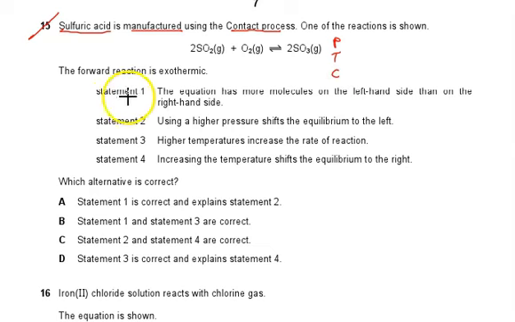Statement 1: the equation has more molecules on the left hand side than on the right hand side. This is exothermic. Using a high pressure shifts the equilibrium to the left. Higher temperature increases the rate of reaction. Increasing the temperature shifts the equilibrium to the right.